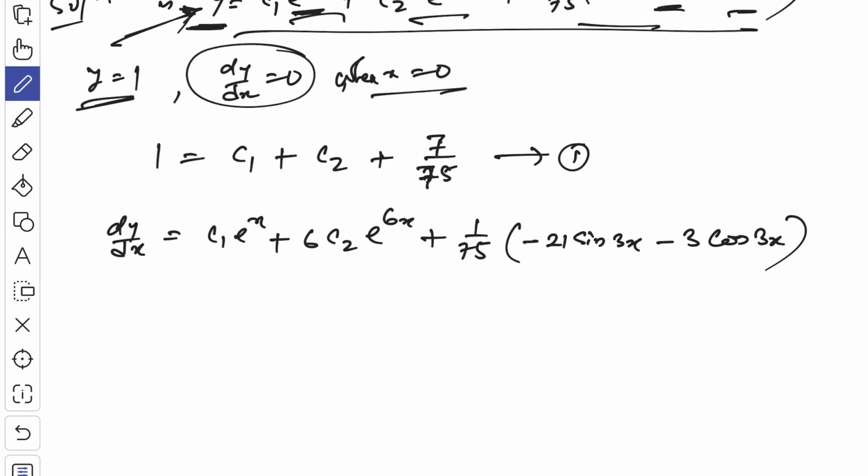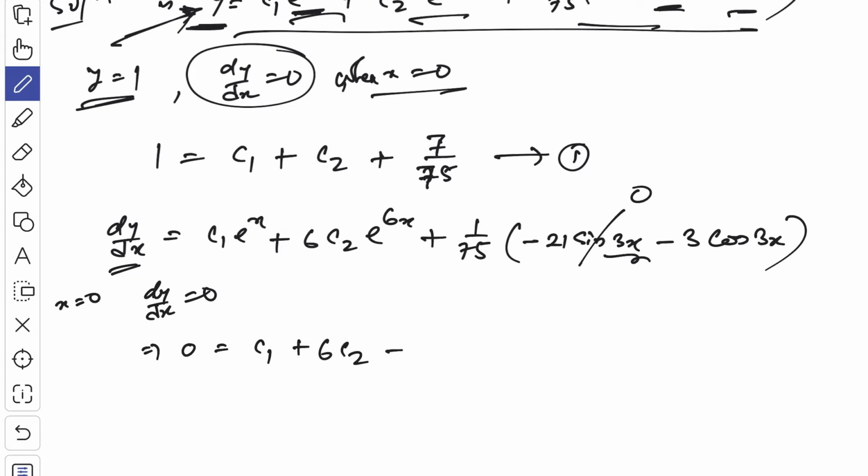So then it's become equal to, here you see when x is equal to 0, this dy by dx is also 0. So from this equation, putting x is equal to 0, we get 0 is equal to c1 plus 6 c2 and minus, if you put 0 here, this term will be 0 and this term will be 3 into 1.